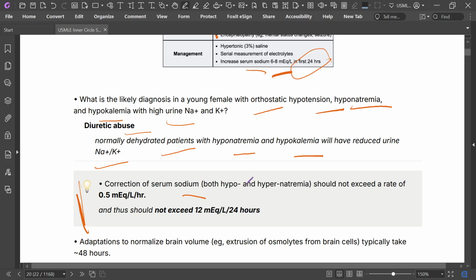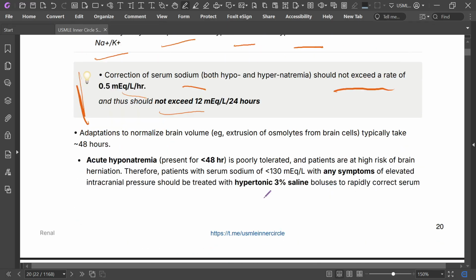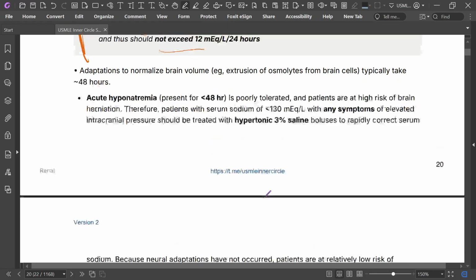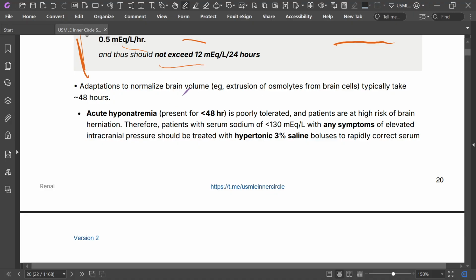Correction of serum sodium, both hypo and hypernatremia, should not exceed a rate of 0.5 milliequivalent per liter per hour. So it should not exceed 12 milliequivalents per liter per 24 hours. Adaptation to normal brain volume, extrusion of osmolytes from brain cells, typically occurs within 48 hours. Acute hyponatremia of less than 48 hours is poorly tolerated.